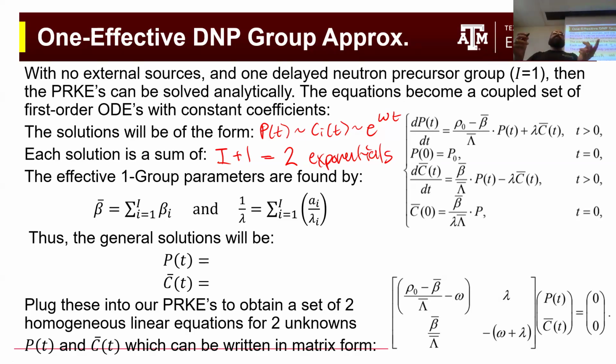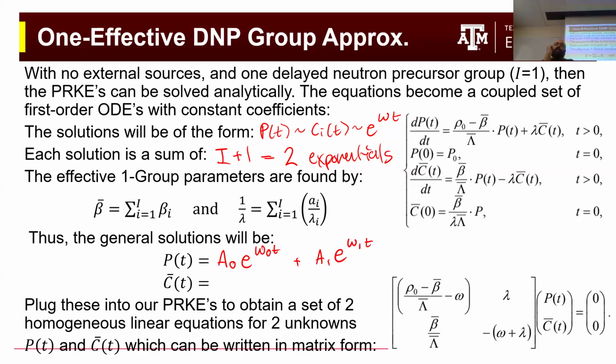So if our solution is going to be exponentials and there's going to be 2 of them, then our general solution for P of t is going to look like A0 times e to the omega 0 t plus A1 times e to the omega 1 t. It's just a sum of exponentials.